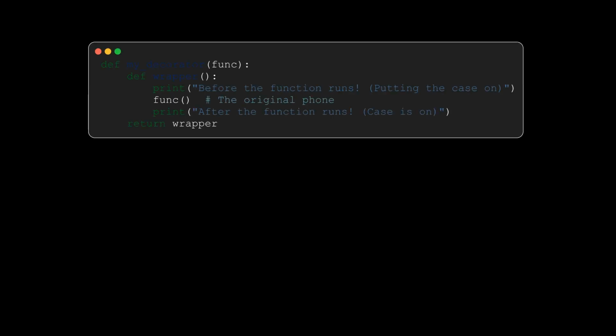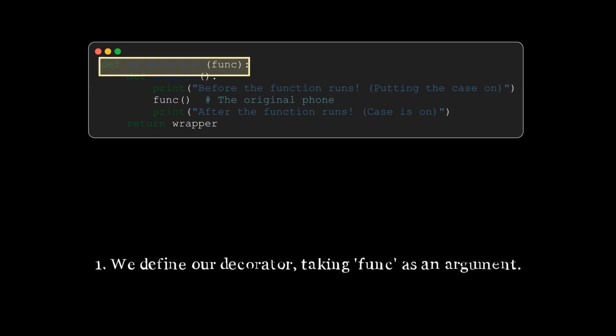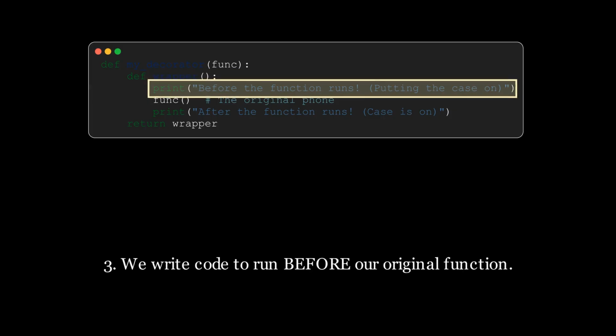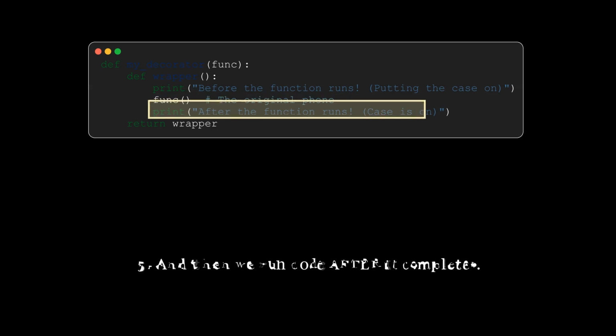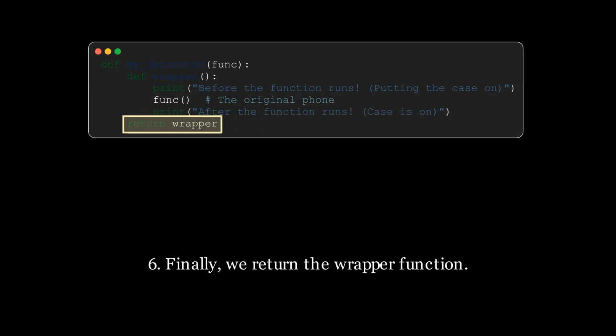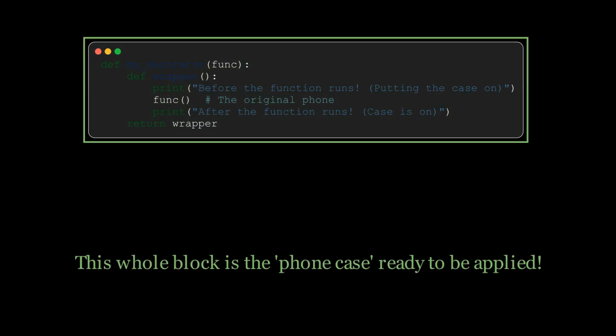Inside it, we create an inner function, and we call it the wrapper function. Inside this wrapper function, we have written code to run before the original function. Then we execute the original function itself, and then we run the code after it. Lastly, we return the wrapper.